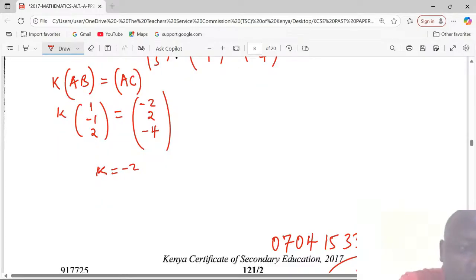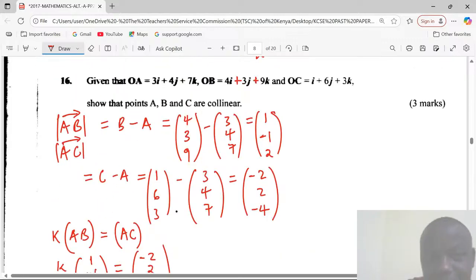What about the y component? K multiplied by negative 1 equals 2, so negative K equals 2, meaning K again is negative 2. Finally, according to the z components, 2 times K equals negative 4, meaning again that K is negative 2. So the sign that we guessed up there was right.